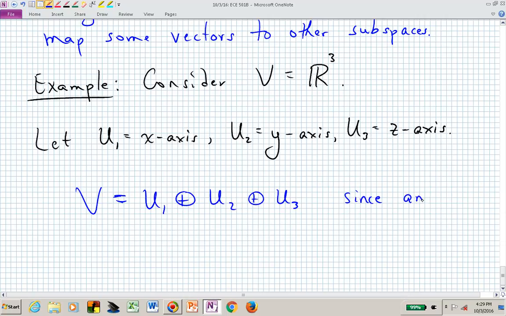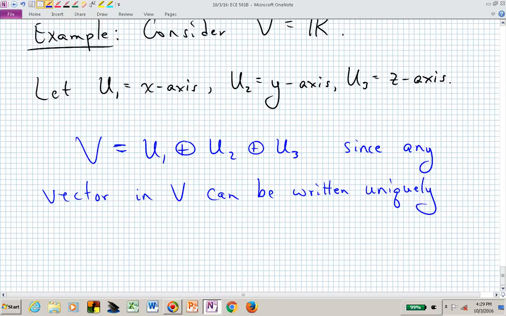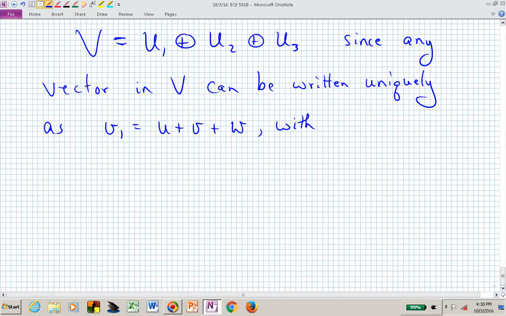Since any vector in our original vector space R3, which we said was V, can be written uniquely as some vector V1, which is U plus V plus W, with U coming from the subspace U1, or on the x-axis, or the x-coordinate in the 3 space.